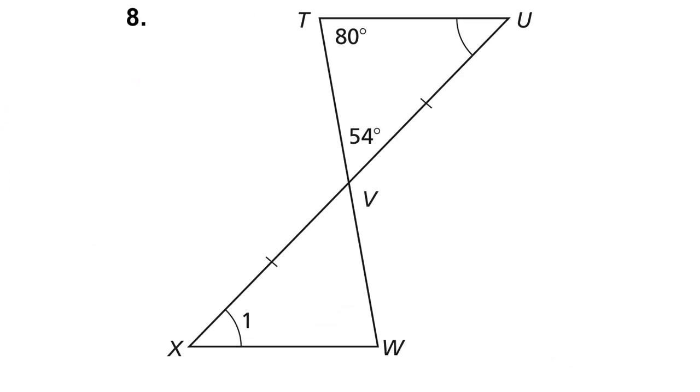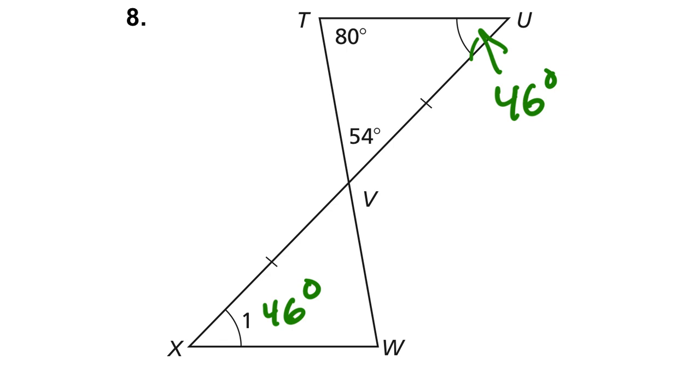Number 8, some things that stick out to me is I can use my triangle sum theorem to figure out this angle here. So if I take 180 and I subtract 80 and then 54, you get 46 degrees. So this is 46 degrees. This is 46 degrees. And I know that because they both have the congruent marks. So there we go.